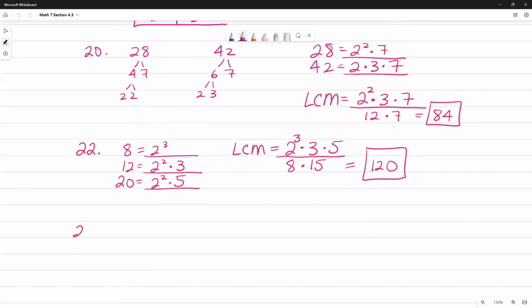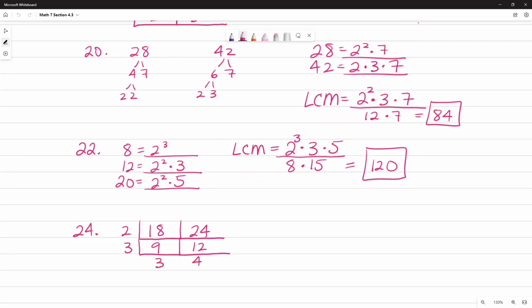All right, last one, number 24, using your factor ladder for 18 and 24. Ooh, we already did that one. It is 72. 18 and 24. All right, they're both even, so do a 2. It gives me a 9 and a 12. 9 is not even, so I use 3. That gives me 3 and a 4.